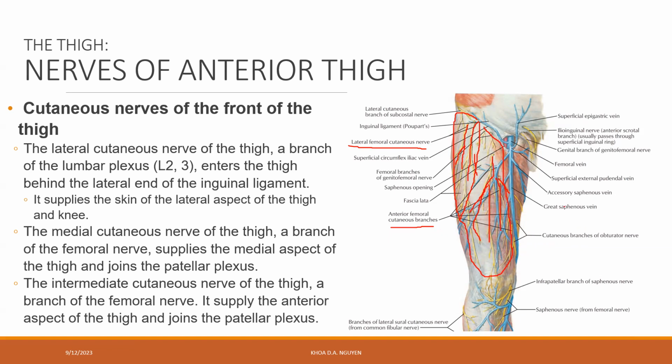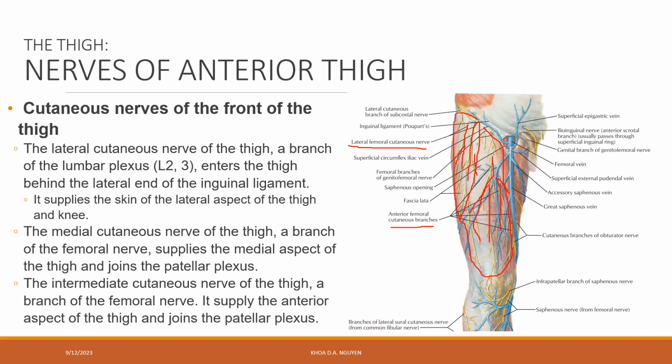Okay. And now there is also something that is called the medial cutaneous nerve of the thigh. Okay. Now the medial cutaneous nerve of the thigh, which is also a branch of the femoral nerve, will supply the medial aspect of the thigh. Okay.